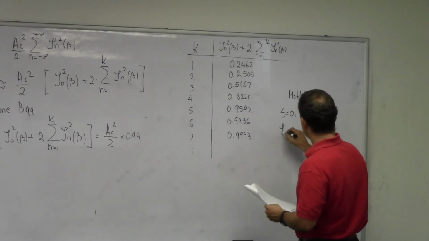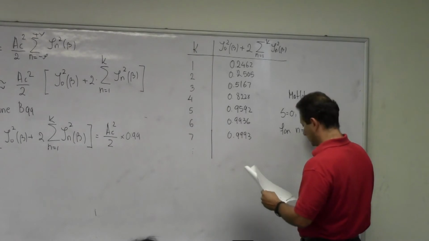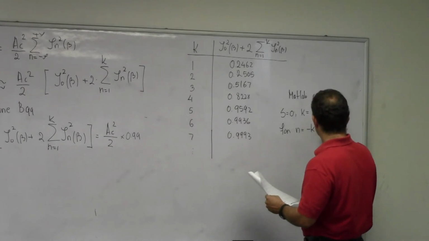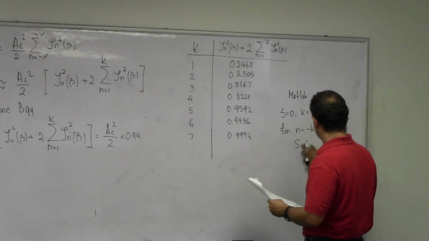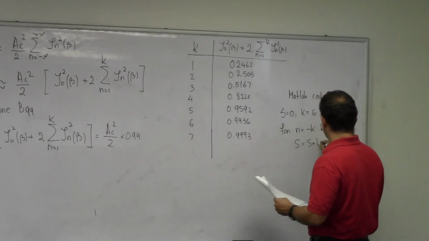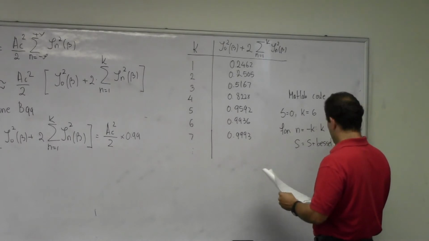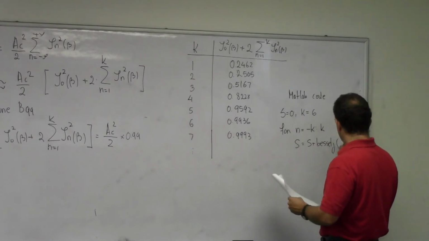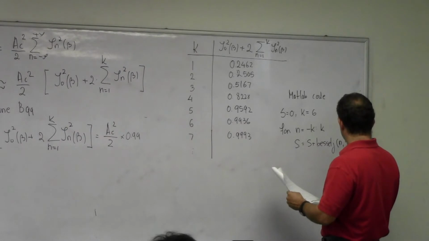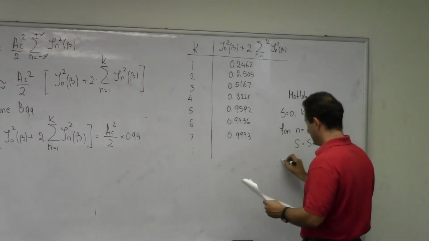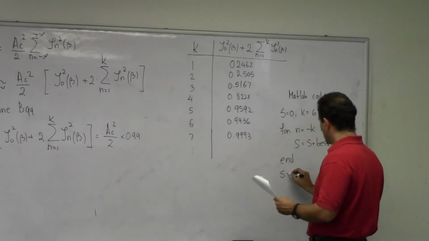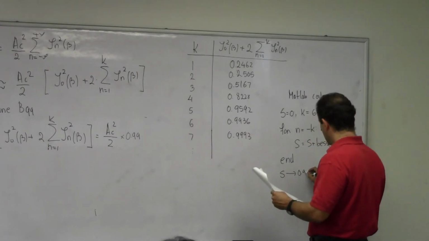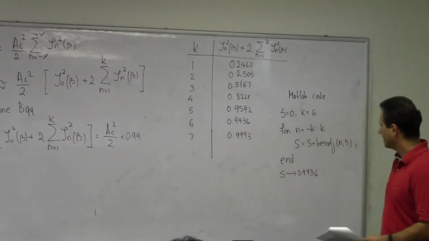And then for n going from minus k to k, s is equal to s plus besselj of n, pi. And then when you type in s, you're going to get 0.9936. Okay.